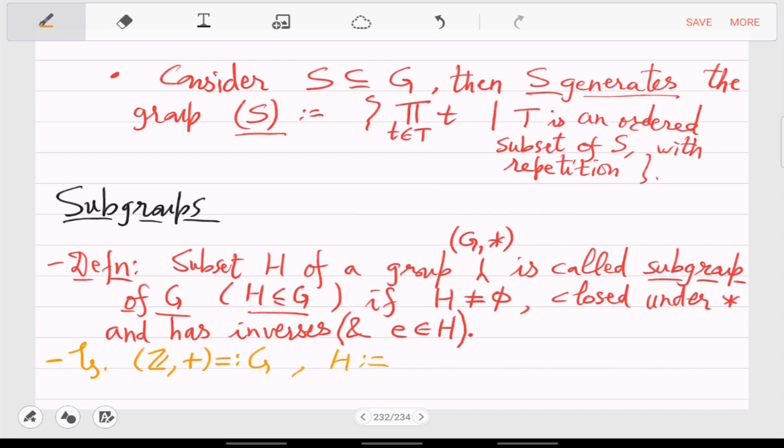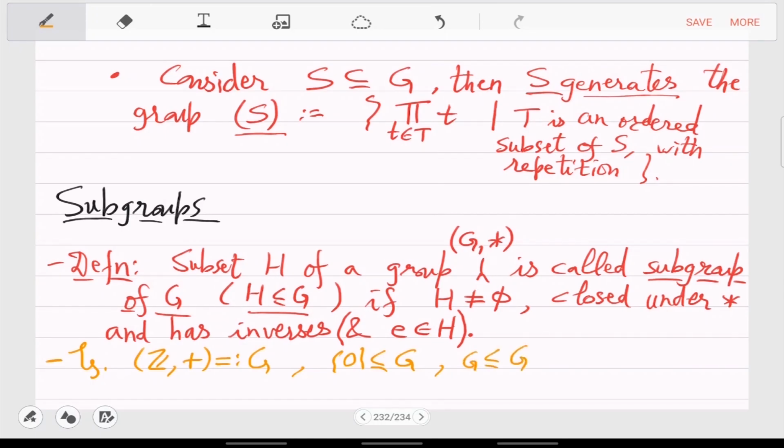First, you can take G itself, G is a subgroup of G, and 0 is also a subgroup. The identity element, just that, is a subgroup.